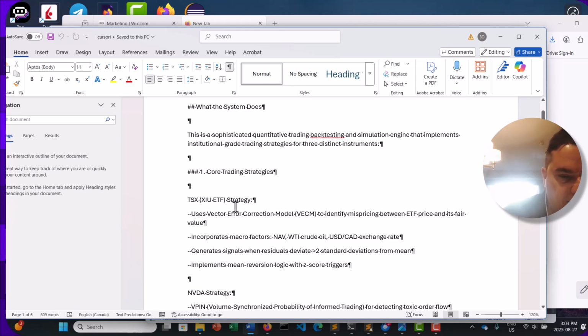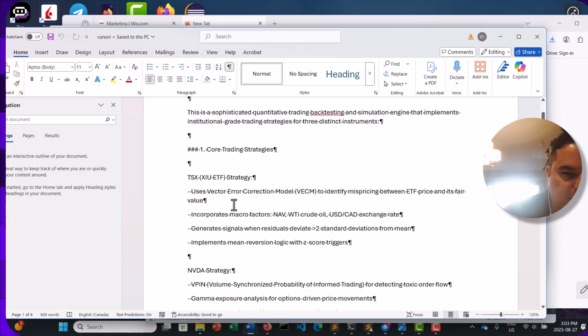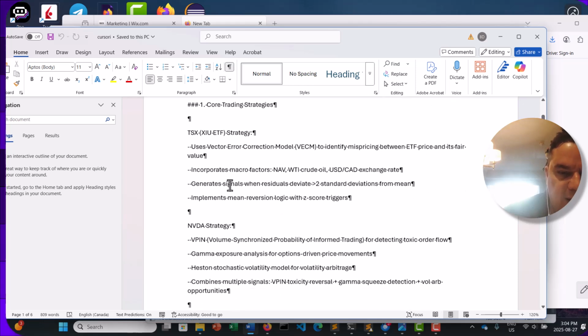The first one was a TSX, Toronto Stock Exchange ETF. Here's a model that was used. Again, you probably don't know about this unless you're embedded in quant trading in a trading firm. It uses the vector error correction to identify mispricing between the ETF price and its fair value, and that fair value will come from futures or from options. It incorporates macro factors, and again, all this is generated by AI.